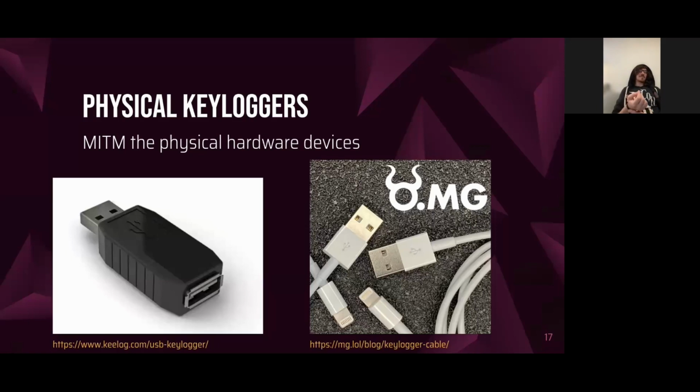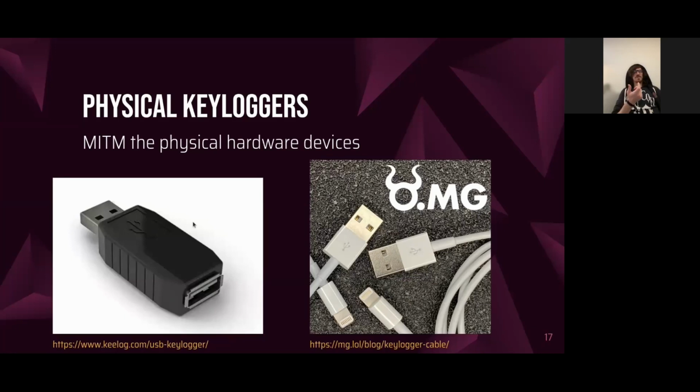Finally, I felt like this presentation would be remiss without mentioning physical keyloggers. Physical keyloggers are a good way to add these techniques to basically any machine that has HID input or keyboard input. The caveat obviously being here that you have to have physical access to the device. So just a few different cool solutions on the left here.